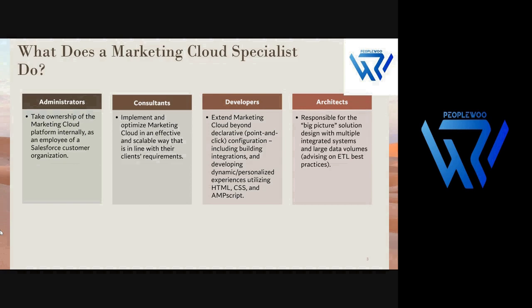So beyond Marketing Cloud declarative, what do you call declarative? Point and click configuration, which is a very basic thing. Beyond that, you can make custom things. For example, I recently made a preference center.